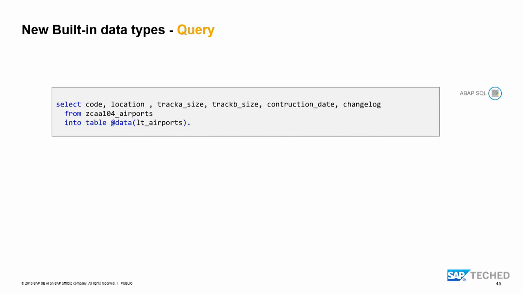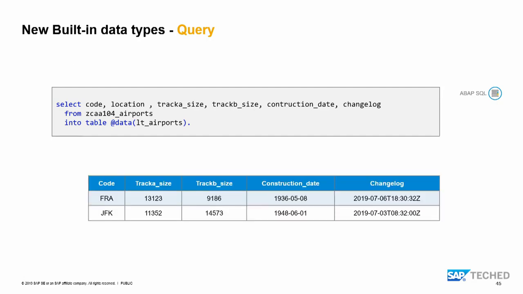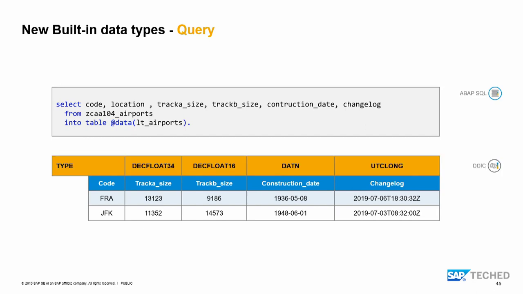How do they look? Let's see them in ABAP SQL. Those types are there, and we can define them as normal ABAP types. The consumption is as usual, so we can just define them and consume them from a select or whatever we need. But when retrieving the data, we would see some variations.